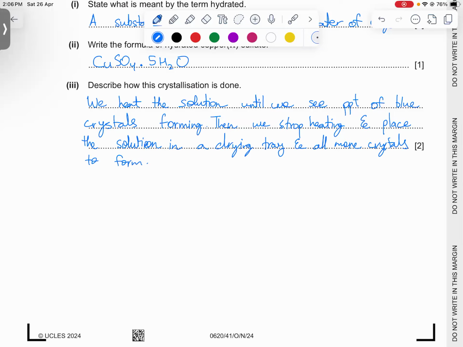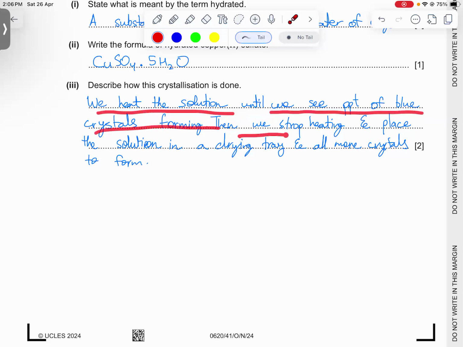So this is how you do it. Okay. Have we mentioned we'll allow it to cool? We heat the solution until we see precipitate of blue crystals forming. Then we stop heating and place the solution in the drying tray.